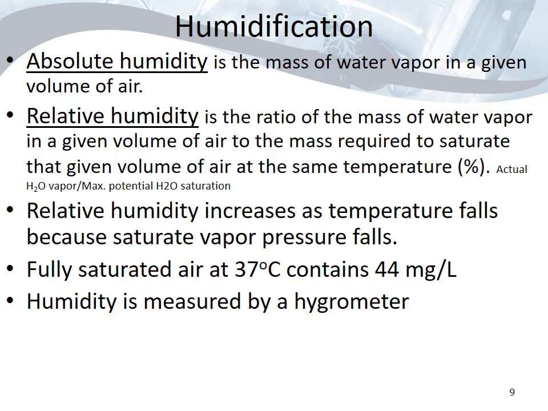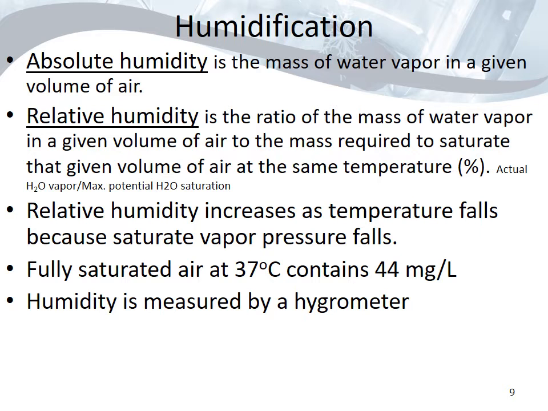When you have an endotracheal tube in your mouth, or your patient does, and they breathe in ambient air that has some percentage of water in it, there's some relative humidity to that air, and it reaches the alveoli.